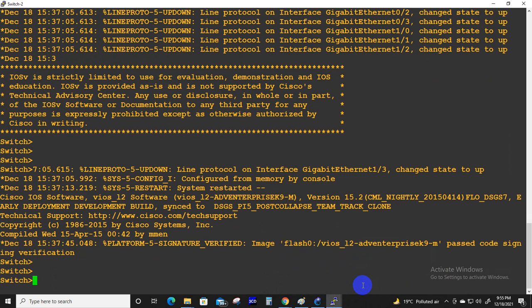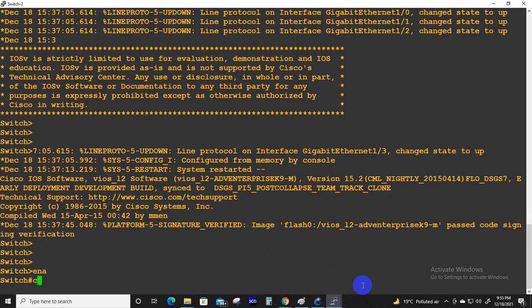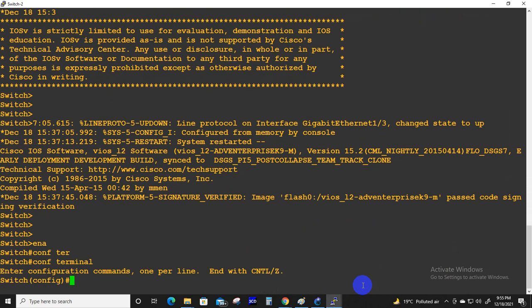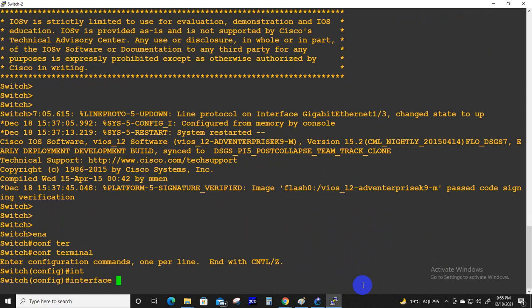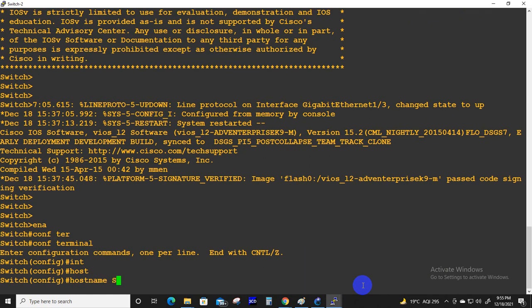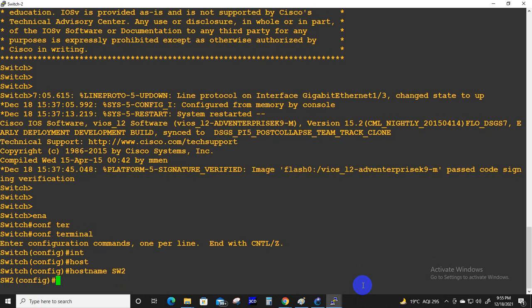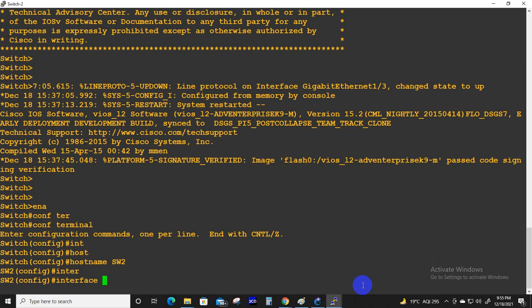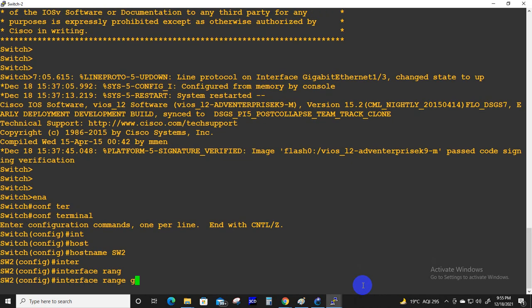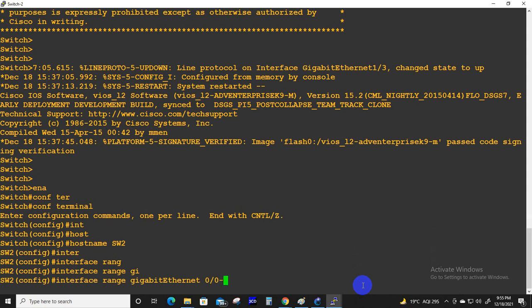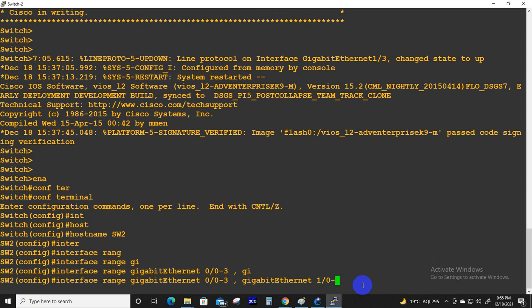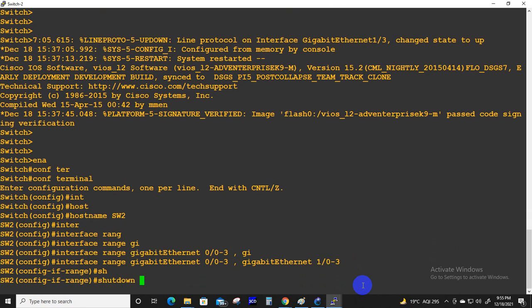And enable, configure terminal, hostname switch 2, interface range GigabitEthernet 0/0 to 3, GigabitEthernet 1/0 to 3, shutdown.